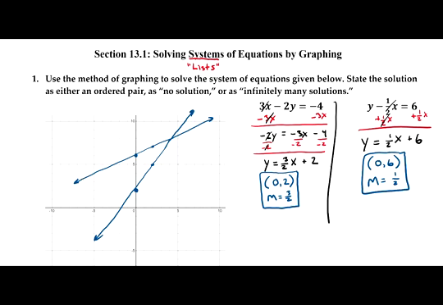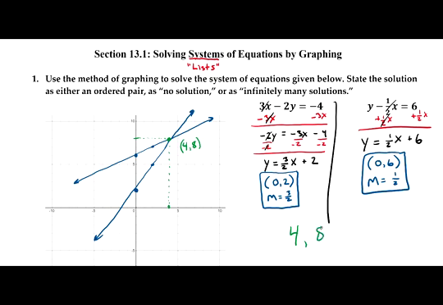And we see that these two lines intersect at a point. And that point looks like 4 on the x-axis and 8 on the y-axis. So that point of intersection, (4, 8), is the solution to our system.